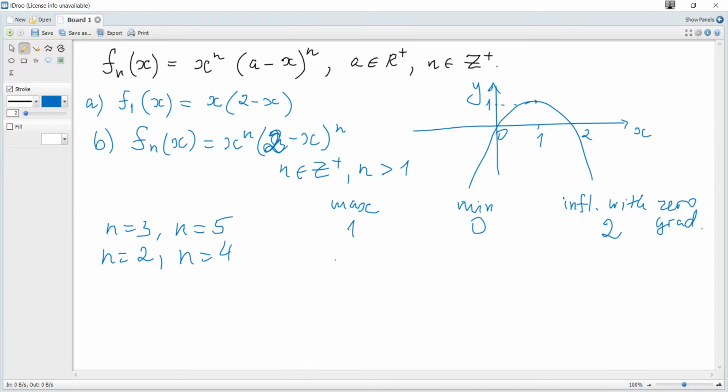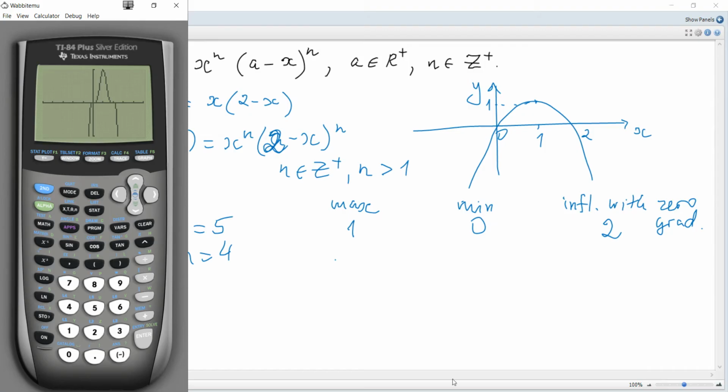And now let's consider n is 2. So x squared, (2 minus x) squared, and we can see that there are 2 points of minimum and 1 point of maximum, and there are no points of inflection.